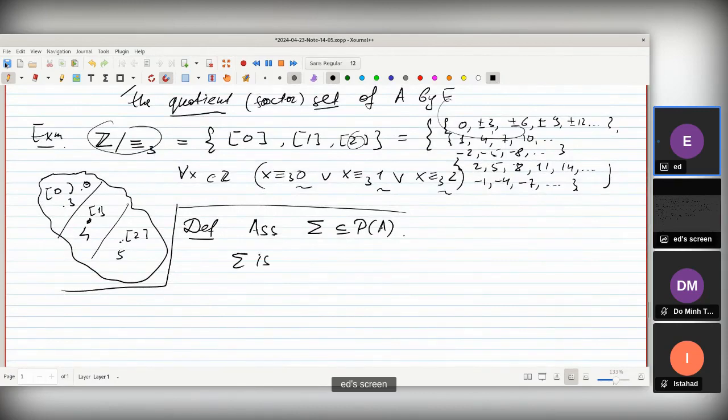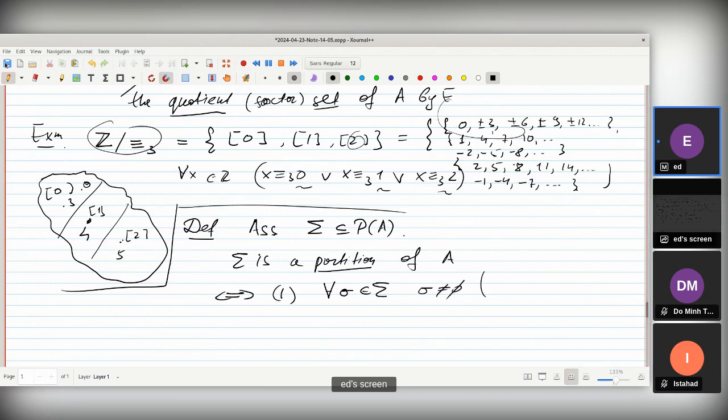We say that sigma is a partition of A if and only if the following statements hold. First of all, no element in sigma is empty, or in other terms, as the empty set is unique, the empty set doesn't belong to sigma. Nothing is empty. Every element in A belongs to at least one element of our partition, at least one piece of our partition.